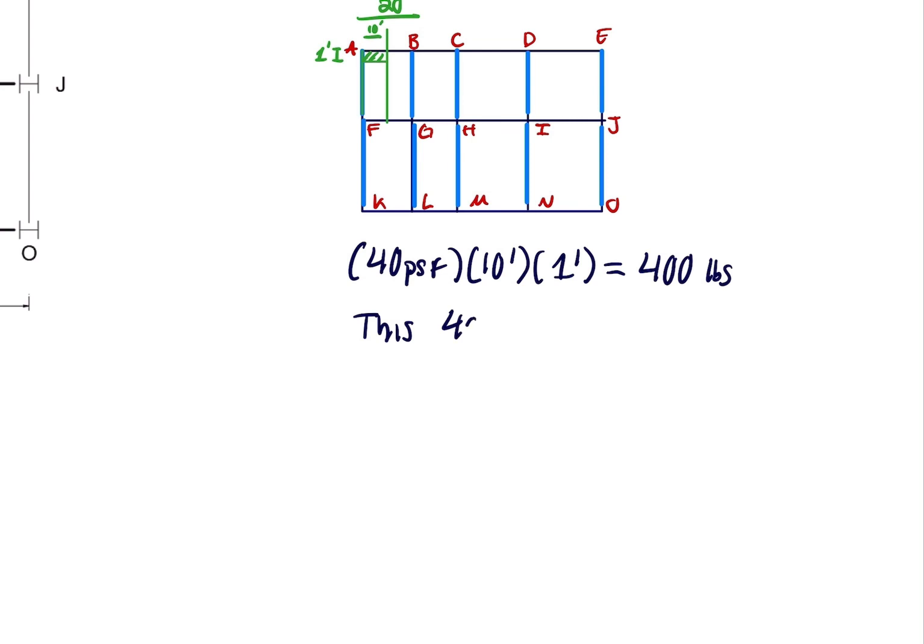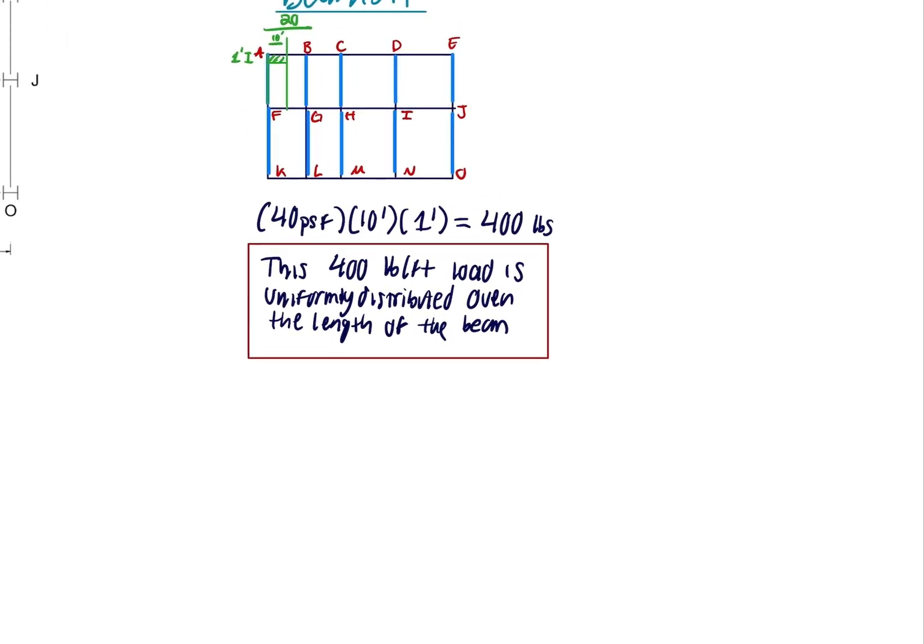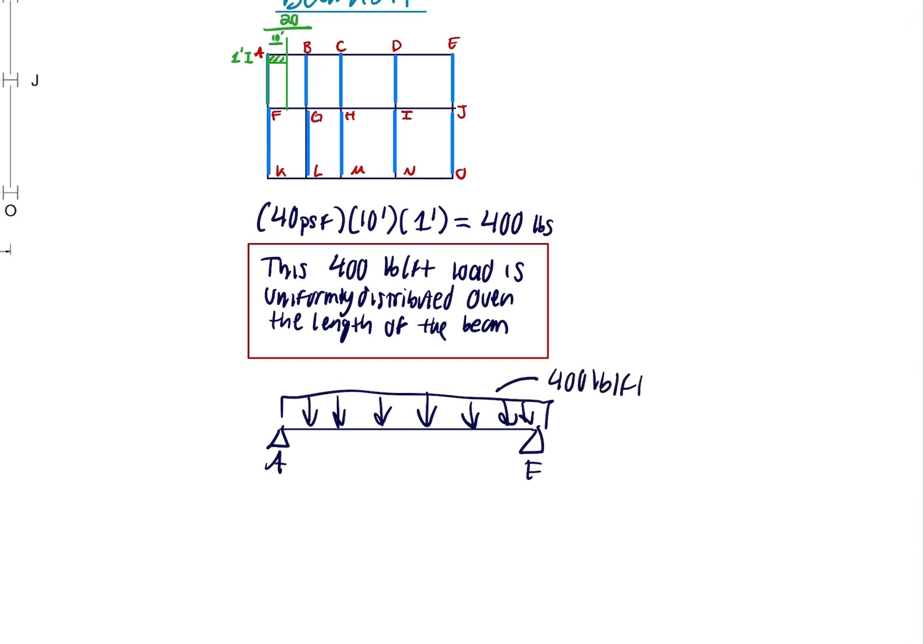This 400 pounds per foot load is uniformly distributed over the length of the beam. What this means is that if we draw beam AF and we draw the uniformly distributed 400 pounds, it will look something like this: 400 pounds per foot.